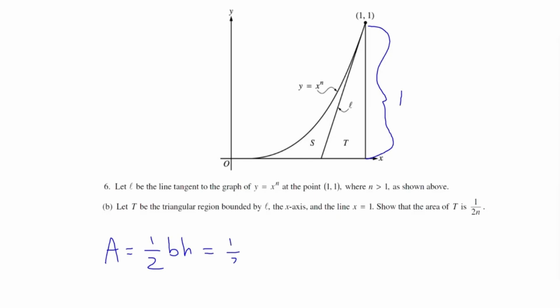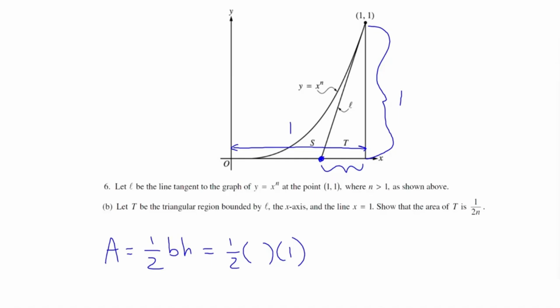So we've now got 1/2 of the base times 1. And we need to figure out what that base is. So that base here is, if this is from x equals 1, it's just this distance. We'll mark it here. This is 1. So it's just 1 minus whatever the x-intercept of that line is.